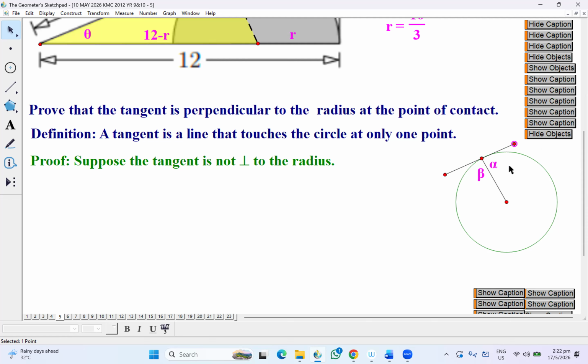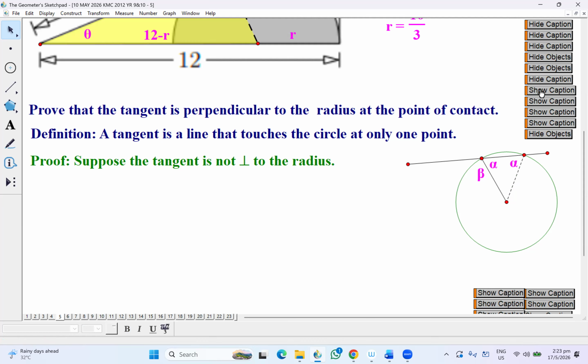If suppose a tangent is not perpendicular, then one angle becomes acute, one becomes obtuse. Otherwise, perpendicular is 90, 90. If not perpendicular, then it becomes like that. If acute, then you can draw an isosceles triangle because the radii are equal. So the angle alpha here.